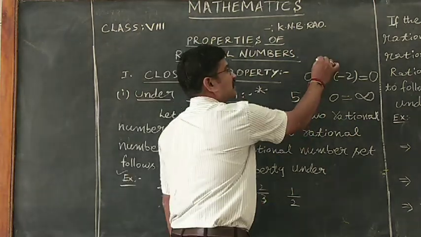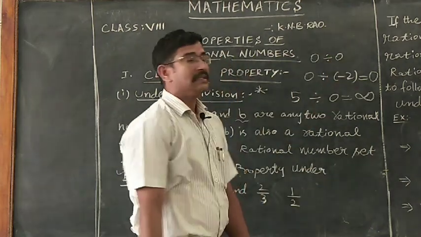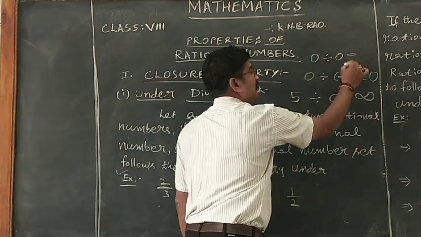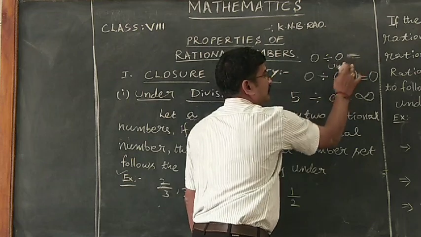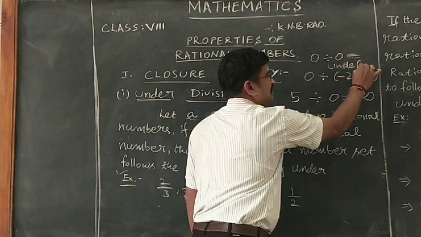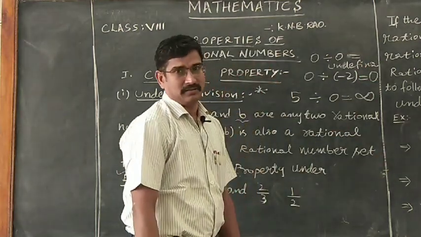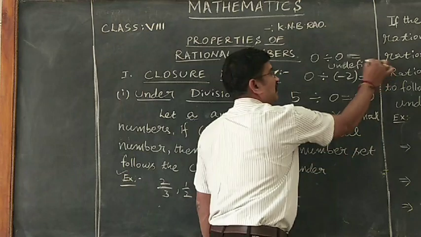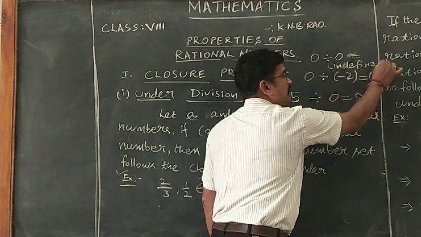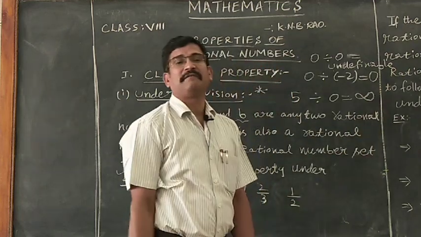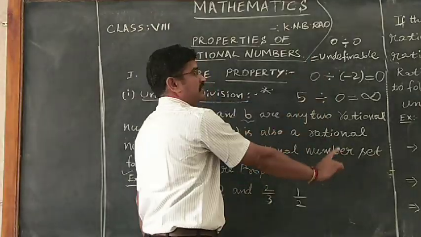One more condition is when 0 is divided by 0; remember children, it is undefinable. So, the spelling is U-N-D-E-F-I-N-A-B-L-E, undefinable. Children, now these are the three important conditions.